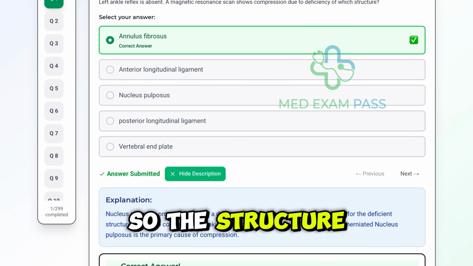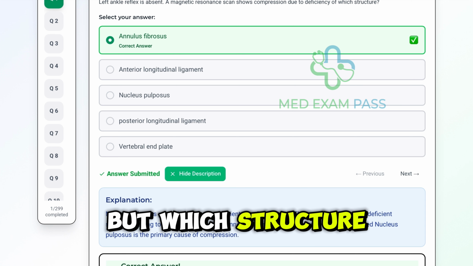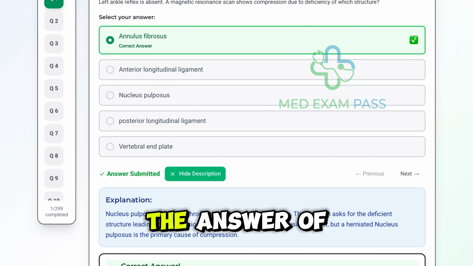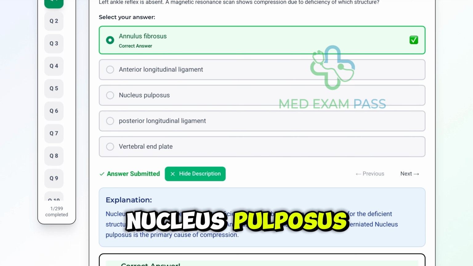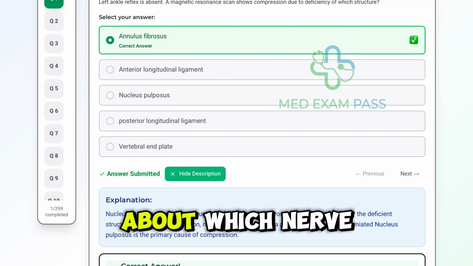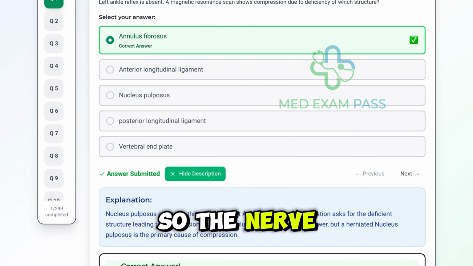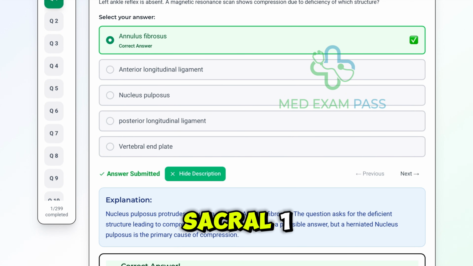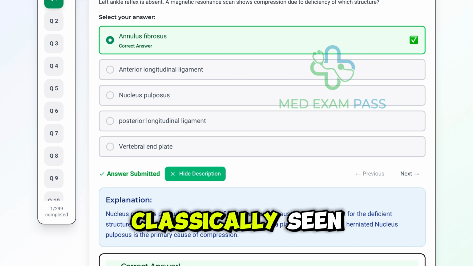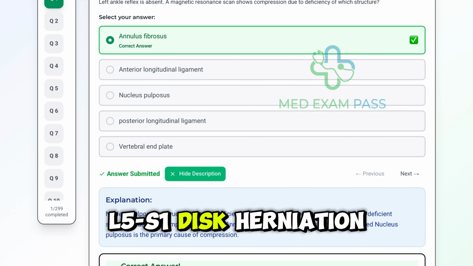So the structure that has deficiency is the annulus fibrosus, but if they ask which structure protrudes onto the nerve root, that would be the nucleus pulposus. The clinical scenario is given: if they ask which nerve compression loses the ankle reflex, the nerve root here should be S1, sacral 1 nerve root compression, classically seen in lumbar 5 and S1 disc herniation, L5-S1 disc herniations.